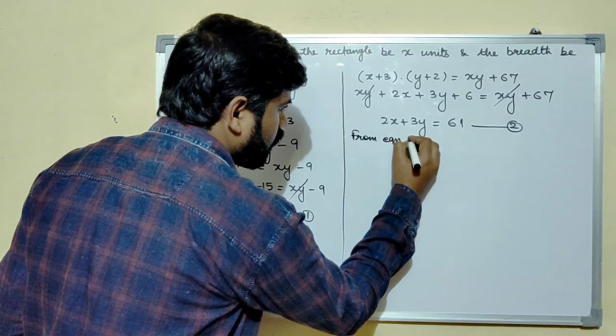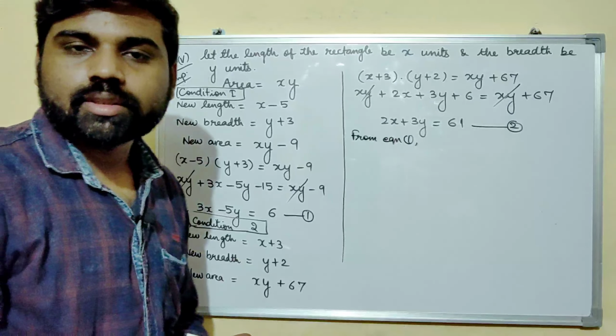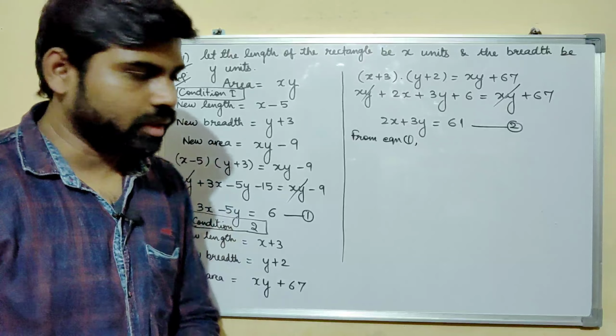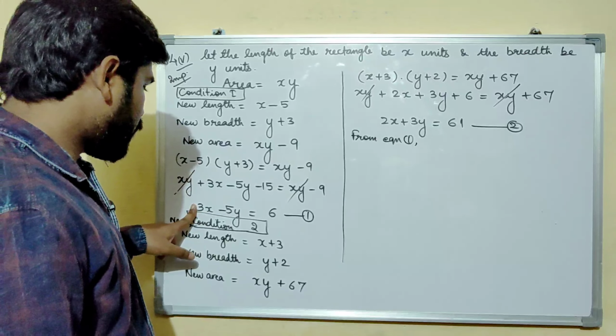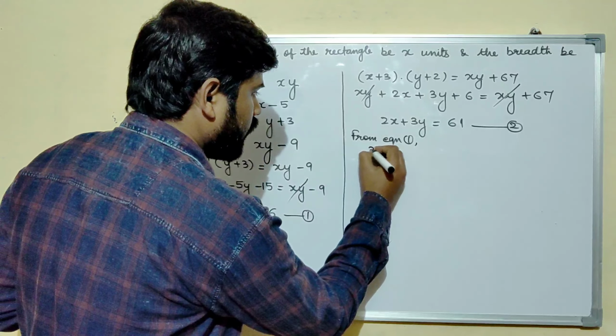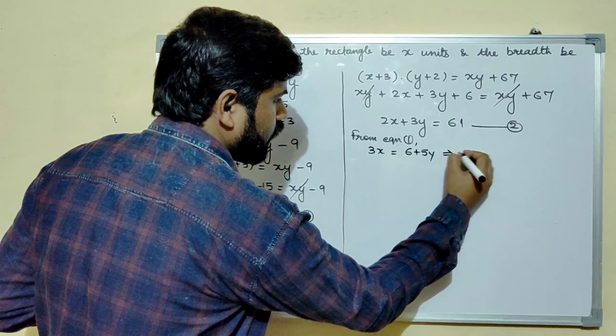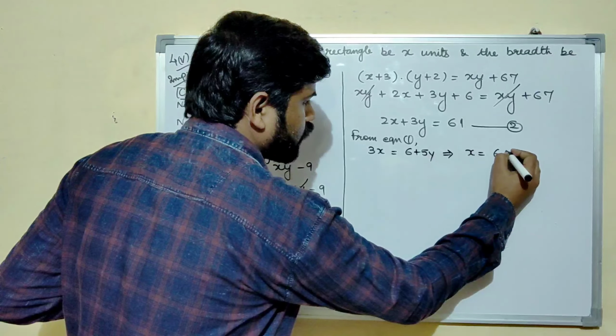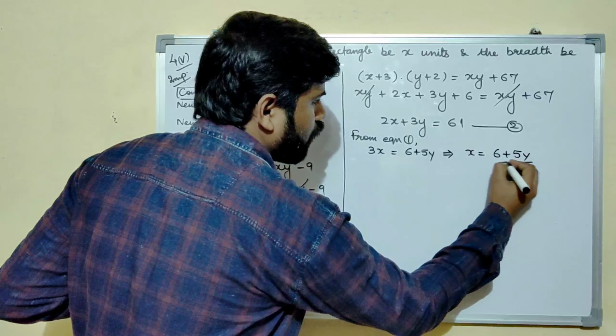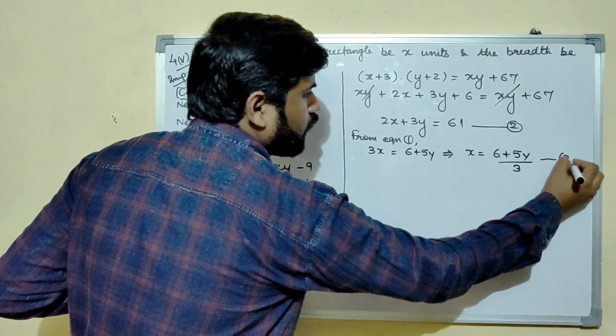Because in the question it is said that you can use any algebraic method. So from equation 1, 3x equals 6 plus 5y, or you can say that x equals (6 plus 5y) upon 3. This is your third equation.